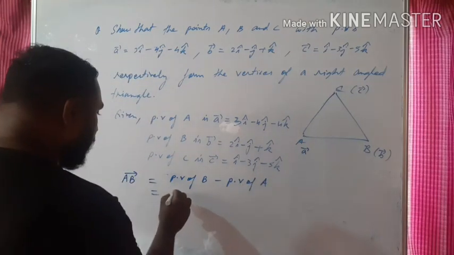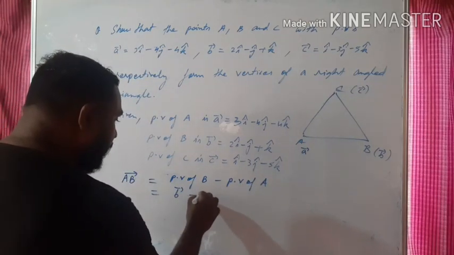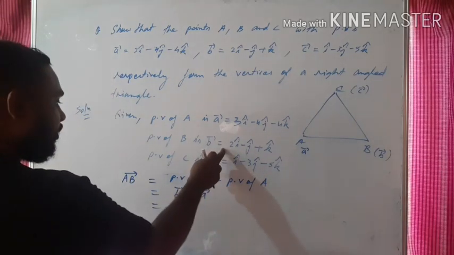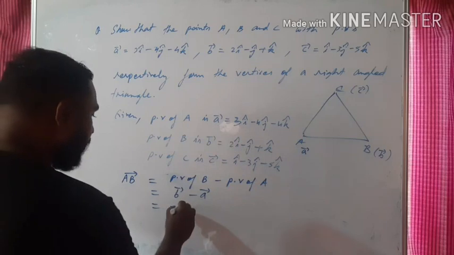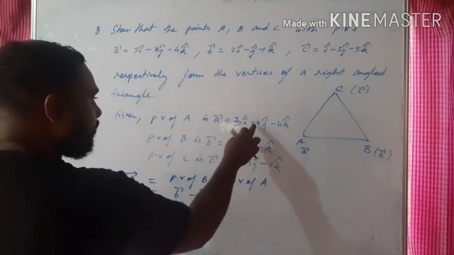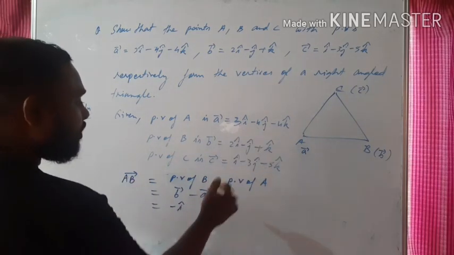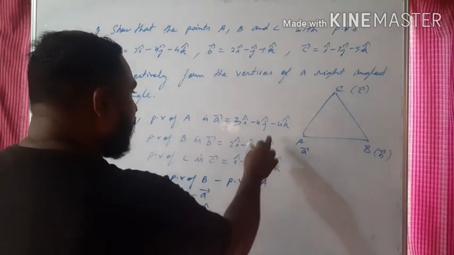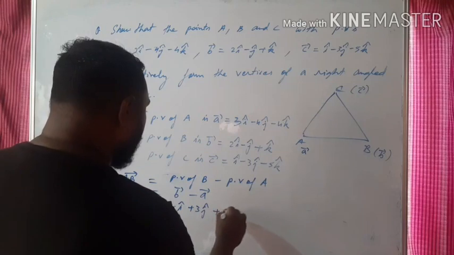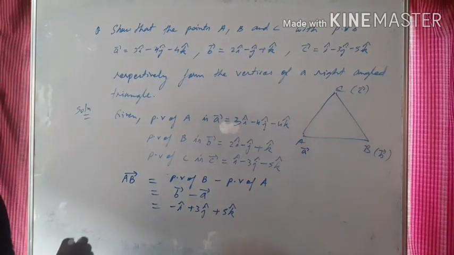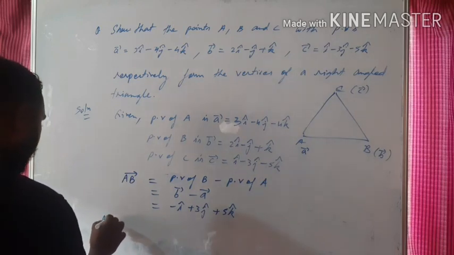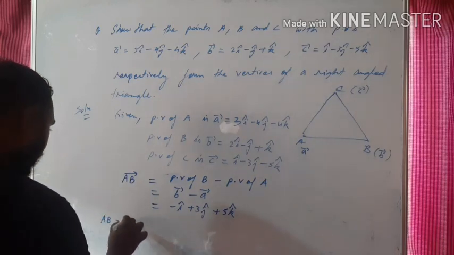So this is nothing but position vector of B minus position vector of A. If I subtract, I will get minus i, plus 3j, and after that 1 minus 4 will be plus 5k. So I have got vector AB. I want the side AB, which is the magnitude of the vector.